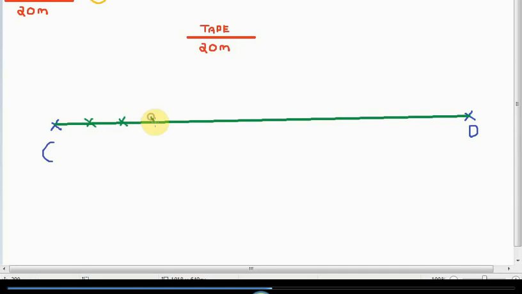We'll first establish the points, and then by joining all the points we'll establish a straight line, and we'll hold the tape along that straight line and measure the distance between C and D. So now I am establishing all the points between C and D such that all those points will lie on a straight line between C and D.